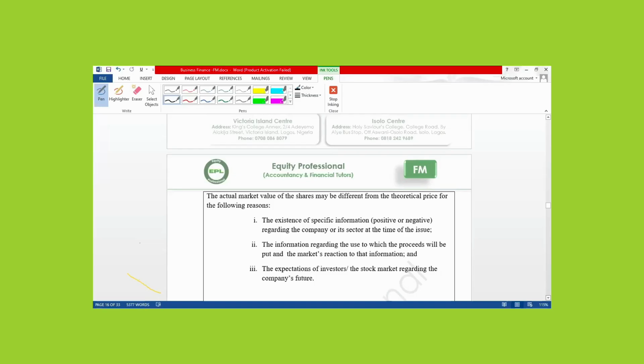One, the existence of specific information, positive or negative, regarding the company or its market sector at the time of the issue. Look at that point: existence of specific information about the company itself at the time of the right issue.